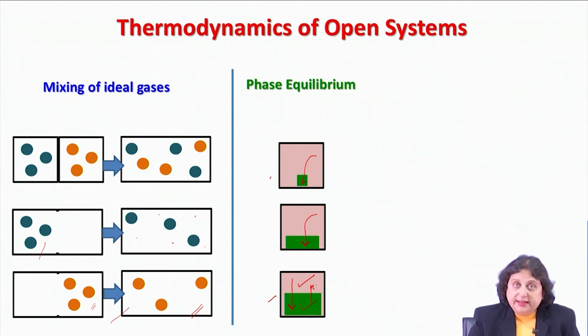Now, when I'm studying the phase equilibrium, I have this additional complication that whatever material my system is made up of, under the given condition of temperature and pressure, it's not stable in a single phase.